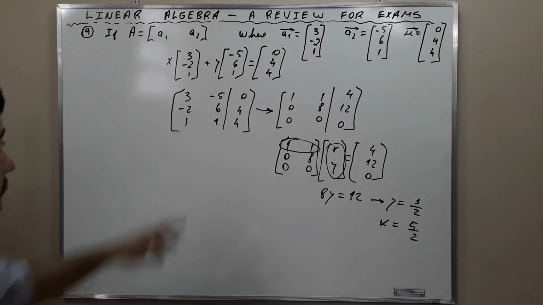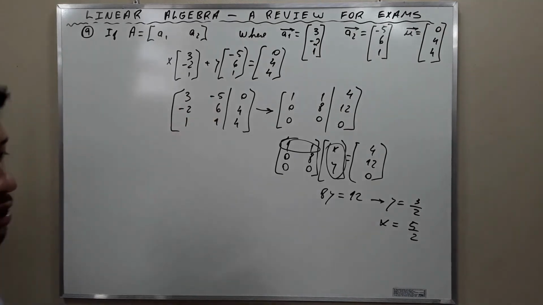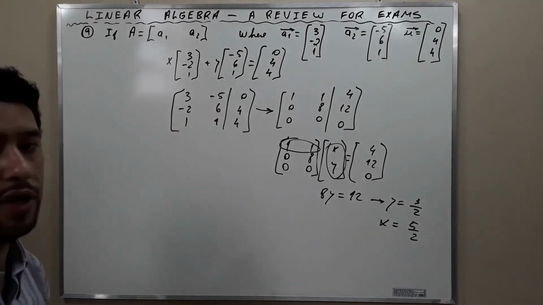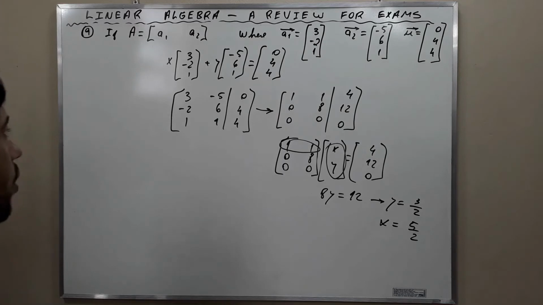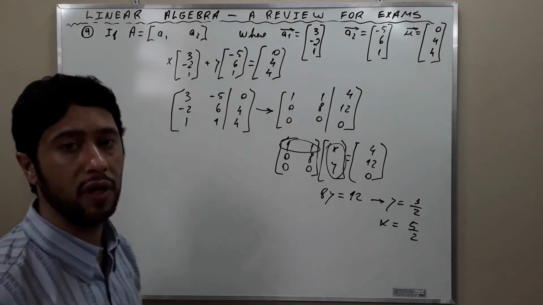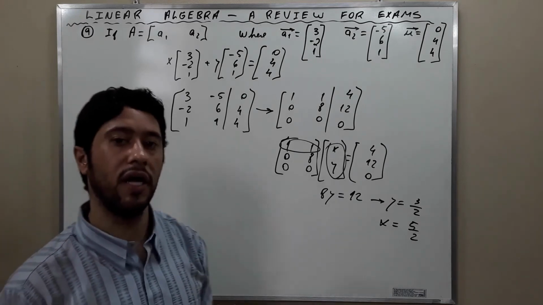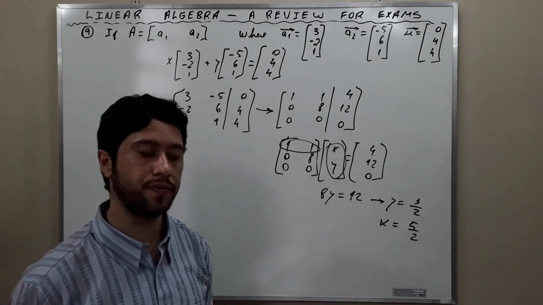Okay? As this equation has a solution, we discover that u indeed is in the plane spanned by the columns of A. And this is all for topic 9. Let's go now to topic 10.